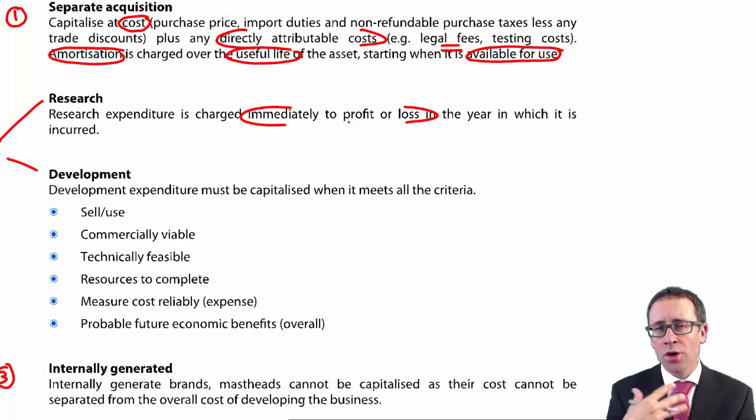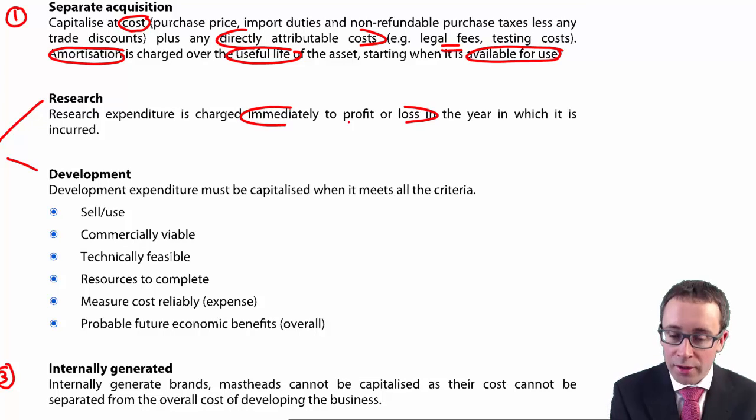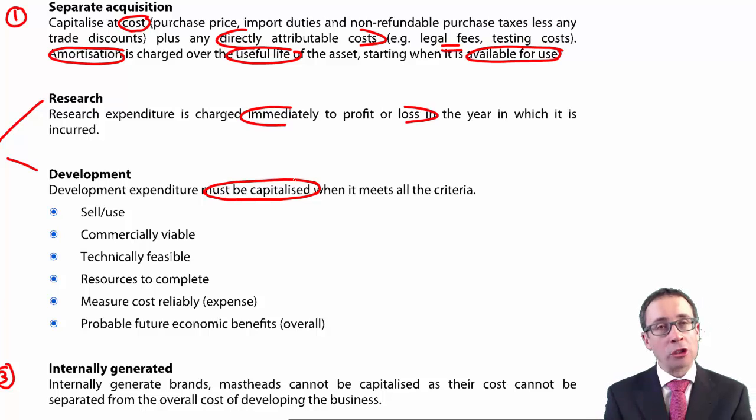So what you want to do is try and get that research phase into development, because when we look at development, it must be capitalized, and I emphasize the word must because in days gone by you had a choice whether to capitalize it or not.